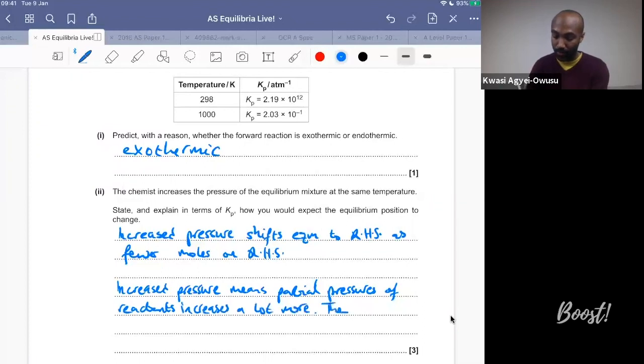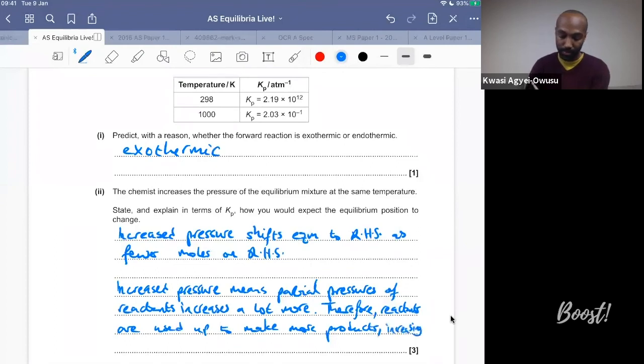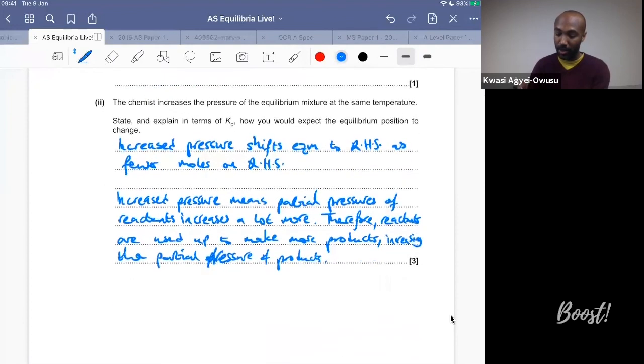Therefore, reactants are used up to make more products, increasing partial pressure of products and restoring Kp to its original value.